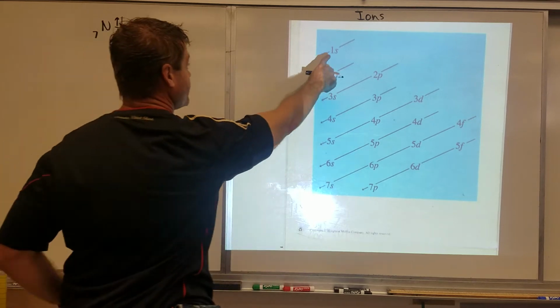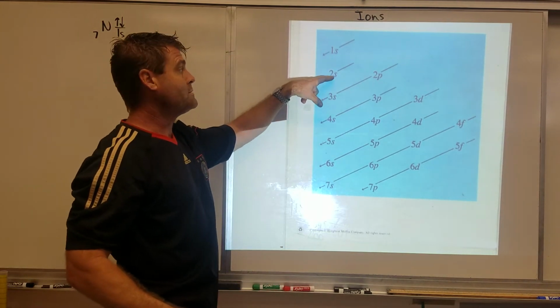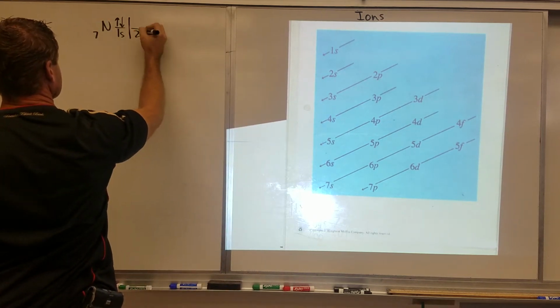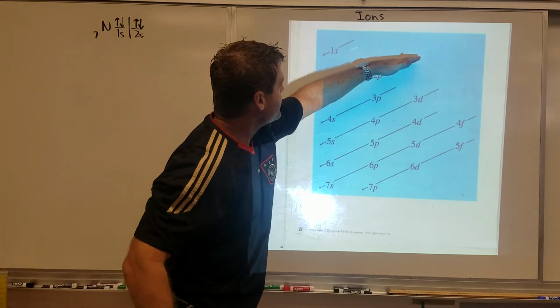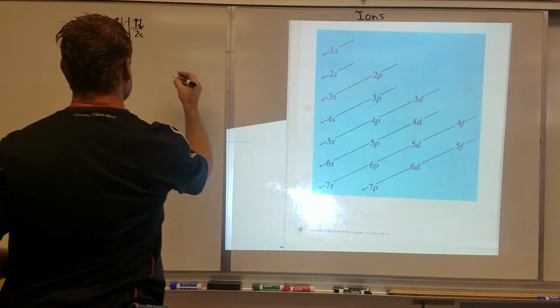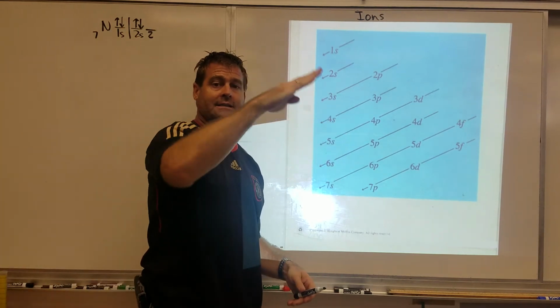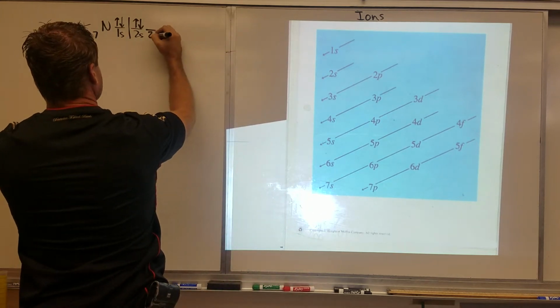Now that the 1s is filled, they fill the next orbital of lowest potential energy, which is the 2s. That can hold 2 electrons. Once the 2s is full, they begin to fill the 2p. The p orbitals are kind of interesting: they can be on the x-axis, the y-axis, and the z-axis, so there are actually 3 p orbitals.